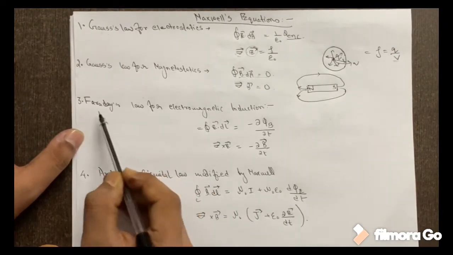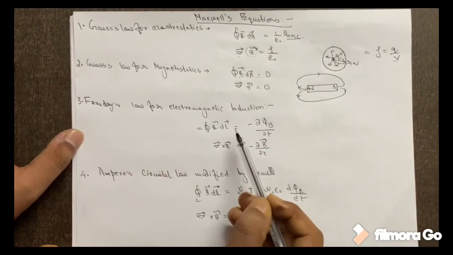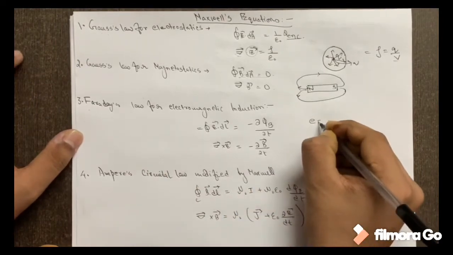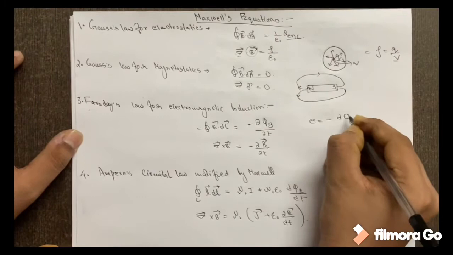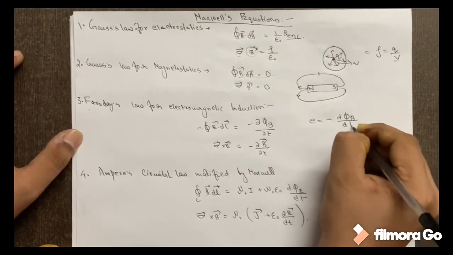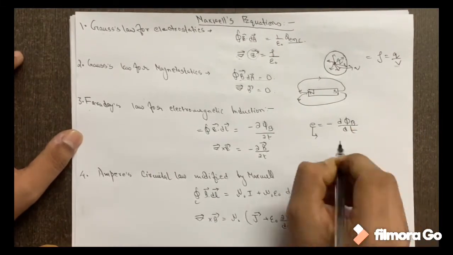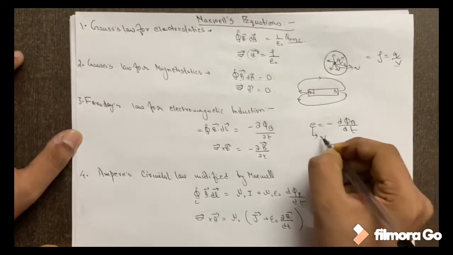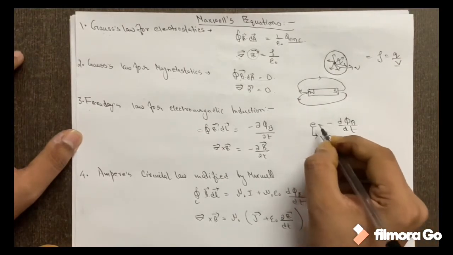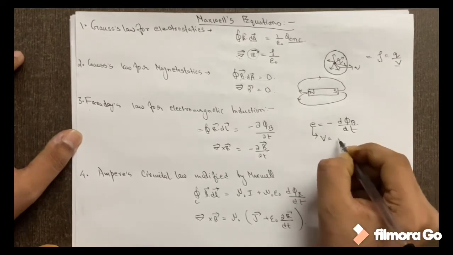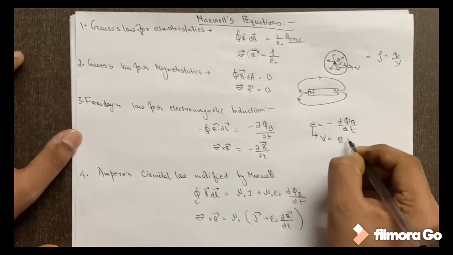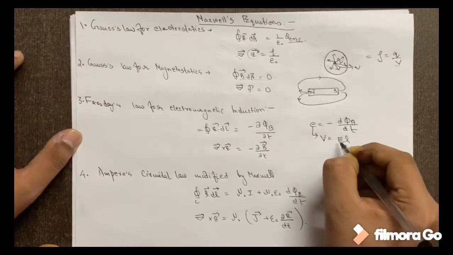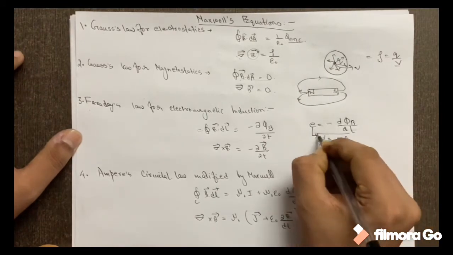As we know, according to Faraday's law, the EMF induced is equal to the change in magnetic flux with respect to time, and EMF can also be written as V, which is also a symbol for EMF. So we know that the electric field when multiplied with the distance gives us the EMF.